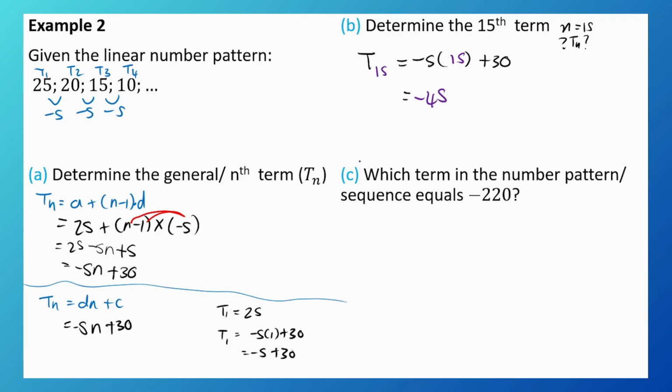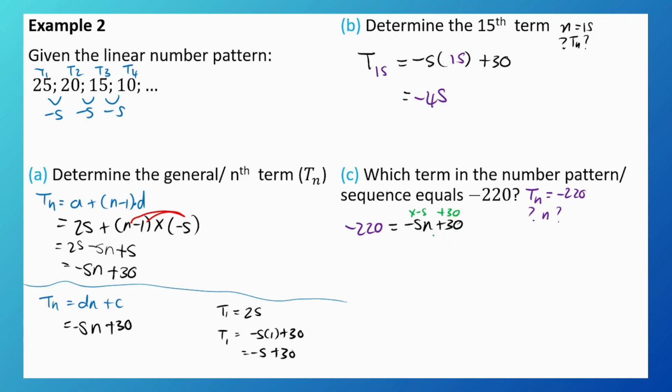And then this last question over here, which term in the number pattern is equal to -220? So in other words, they are telling you the answer is -220 and they are asking for n. So you're going to put this -220 in Tn's place and solve for n. And then you look here. Over here we are multiplying with -5 and then we are adding 30.